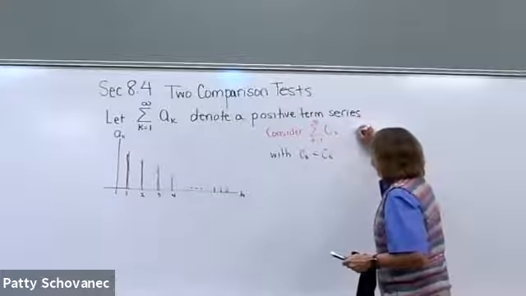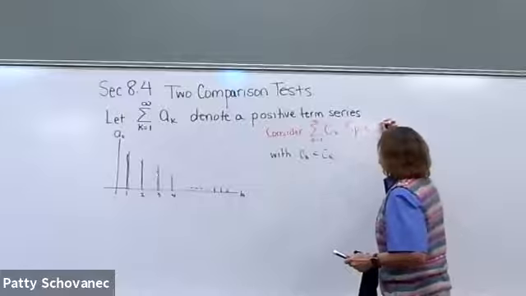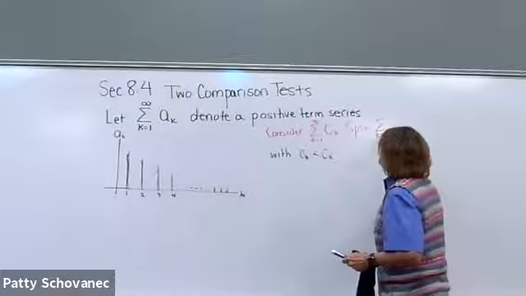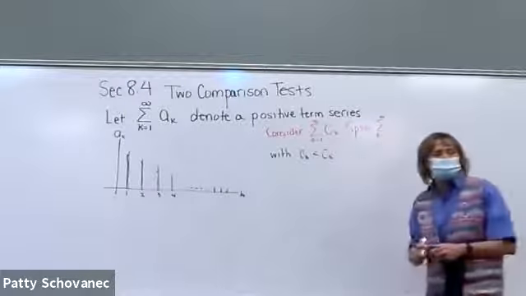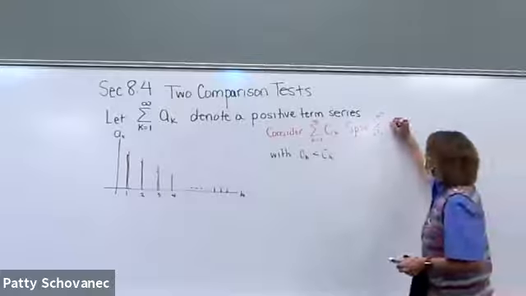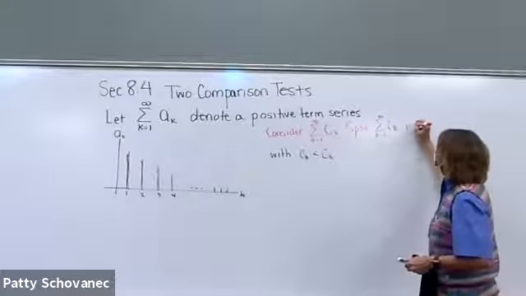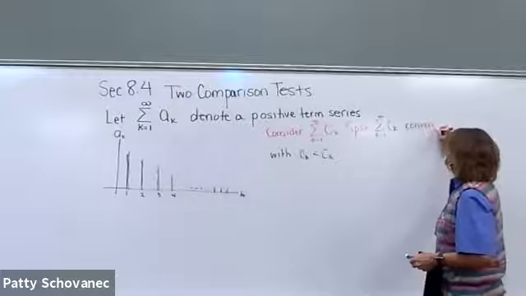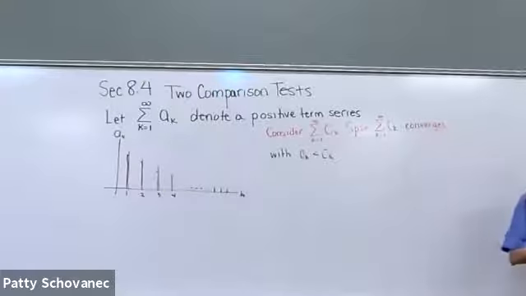Suppose I know the series c_k. It's one of my favorite ones, a p-series or geometric series. Suppose I know it and I know it converges. I have my series lying underneath a convergent series.